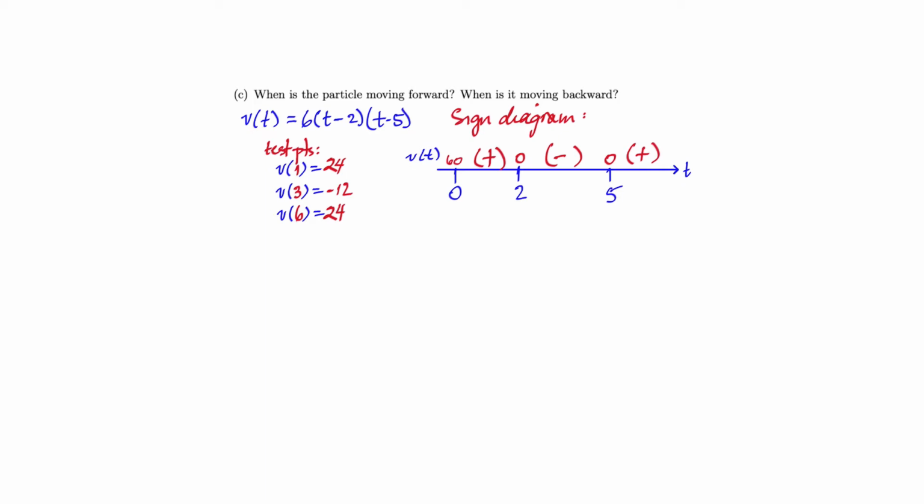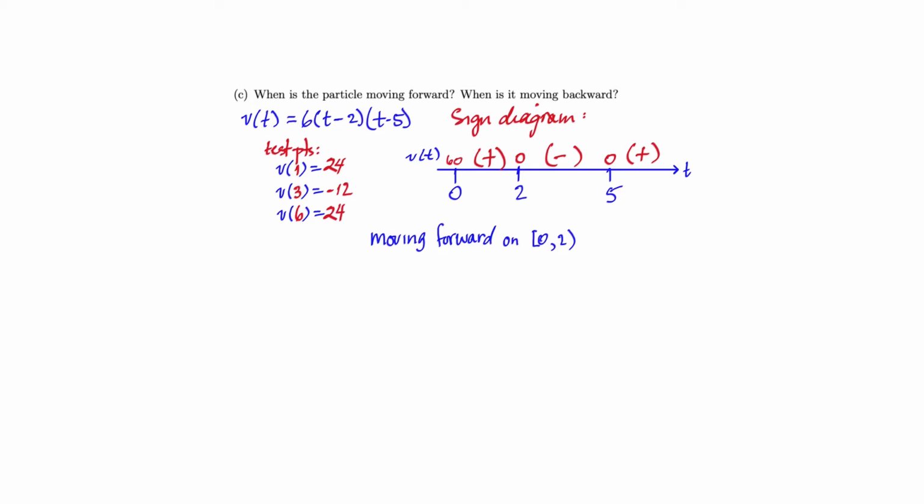All right, so now we can see that the particle has to be moving forward on the interval from 0 to 2, and we're including t equals 0, but we're not including t equals 2 in that interval, because we can see from our timeline that when t is equal to 0, the velocity is positive. But when t is equal to 2, the velocity is 0.